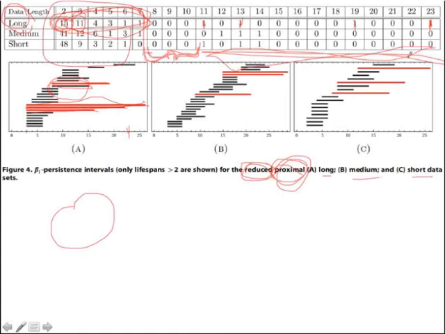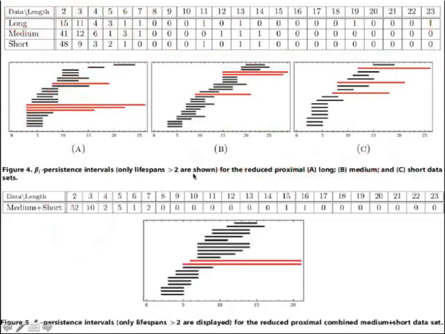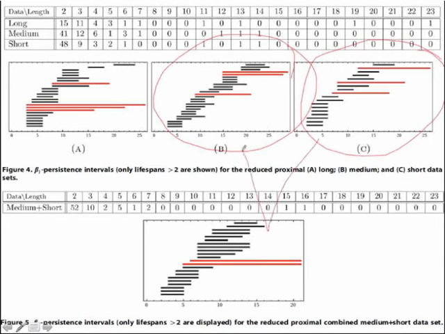The question now is, if we start combining some of these data sets, for example, are these 3 cycles the same as these 3 cycles? Well, let's combine and find out. If we combine just the medium and the short in order to create this new one, we can see that only 2 cycles persist.